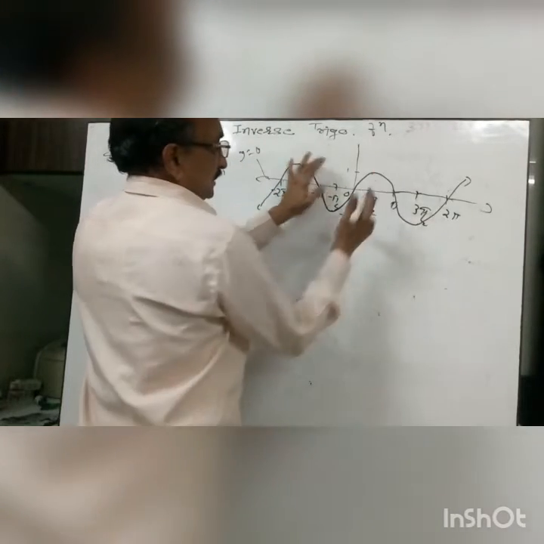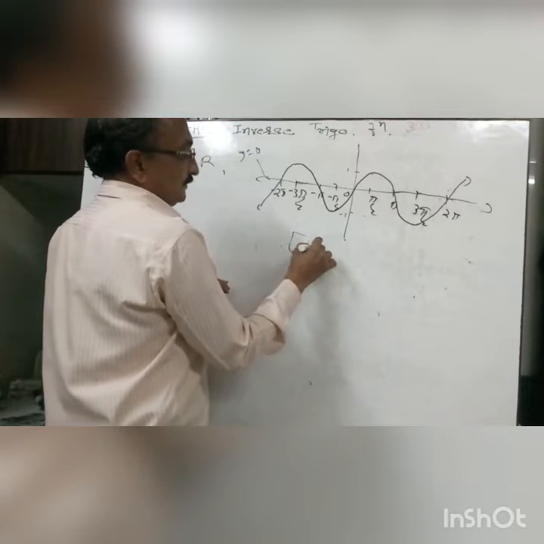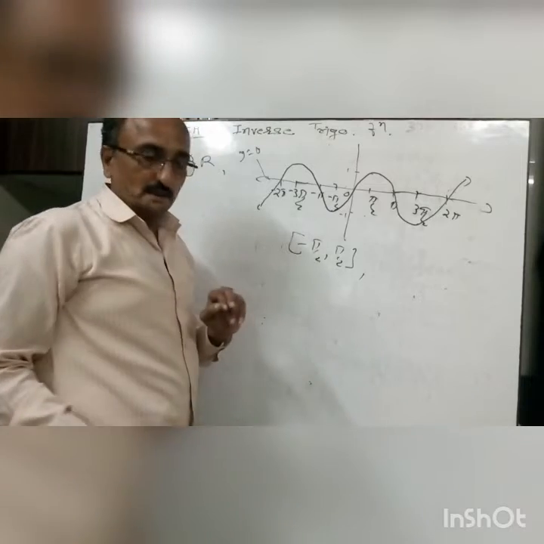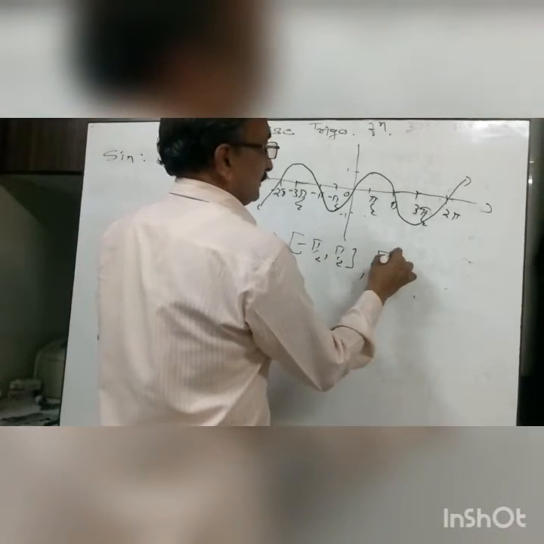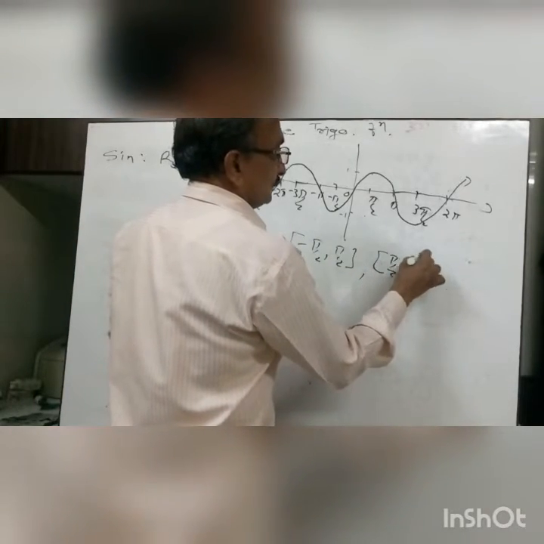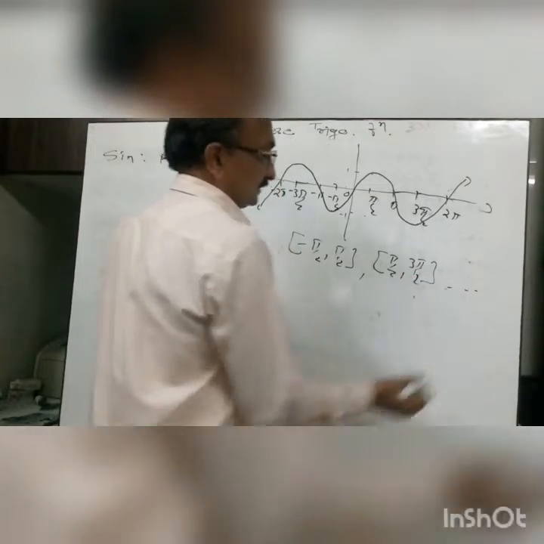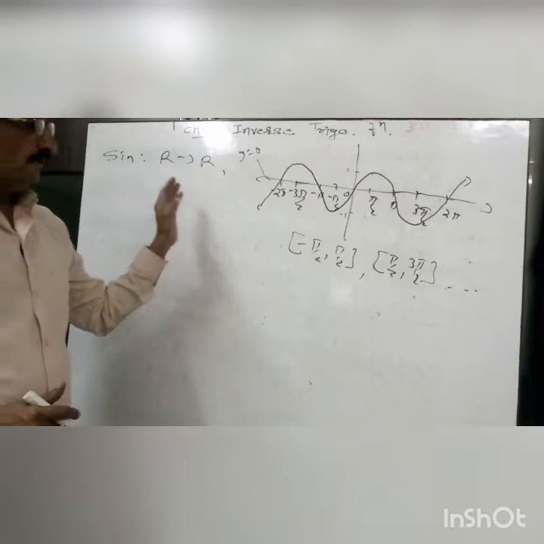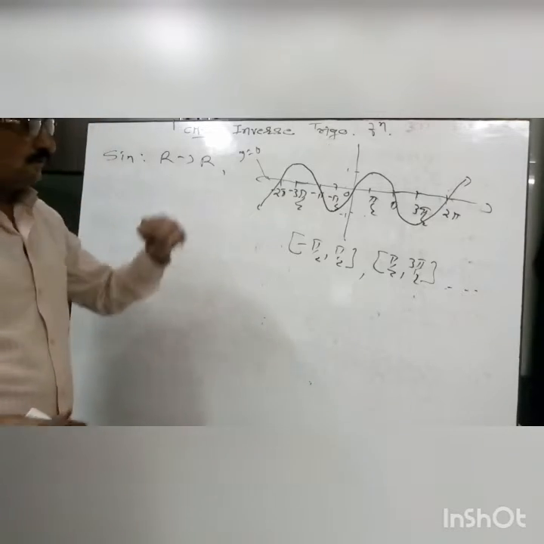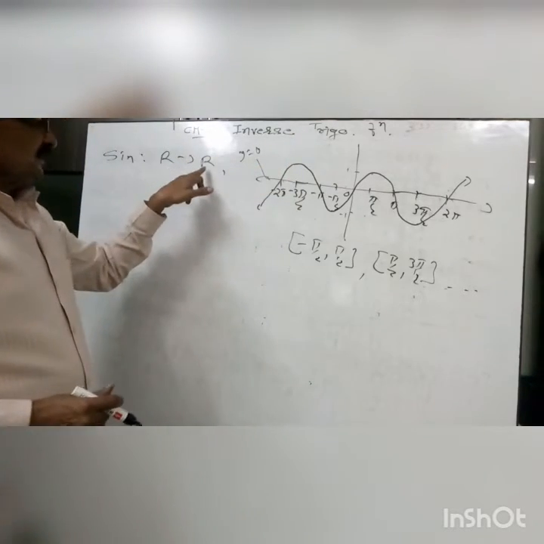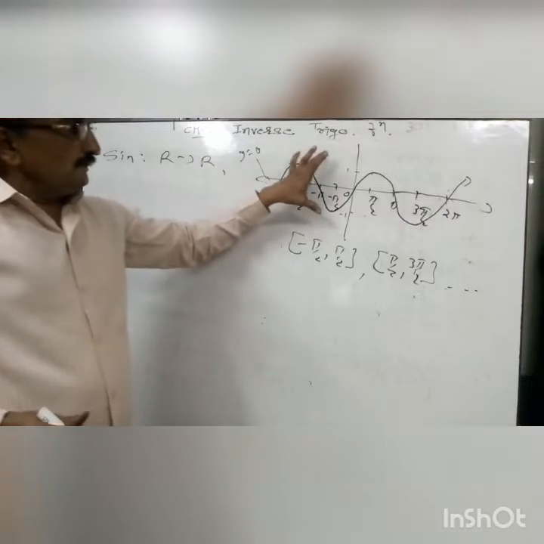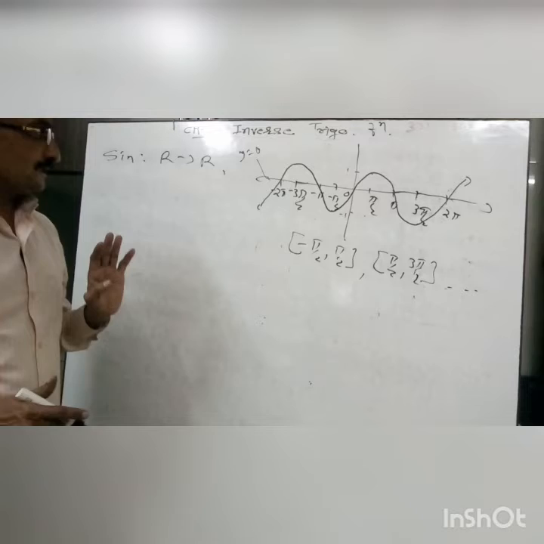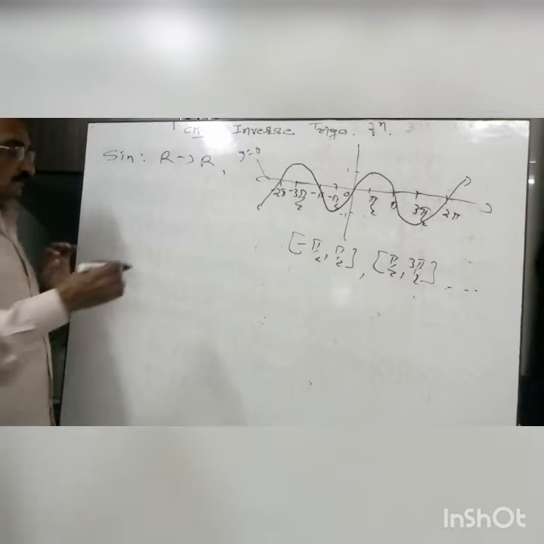So in this type of restricted domain, minus pi by 2 to pi by 2, or pi by 2 to 3 pi by 2, or a different closed interval, the sine function becomes a one-one function. Now if we restrict its codomain to the closed interval minus 1 to 1, then the sine function becomes an onto function.